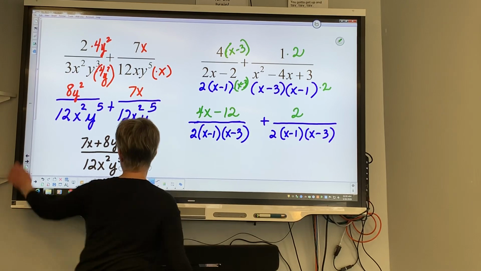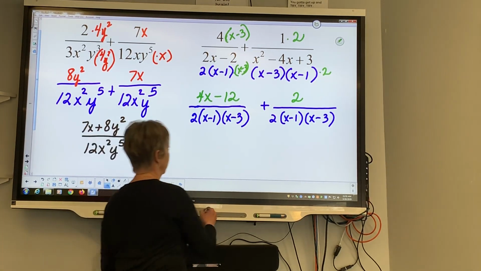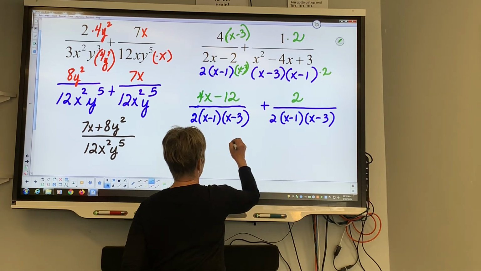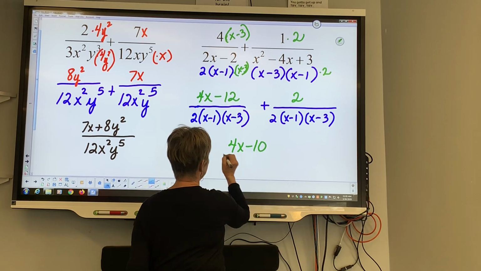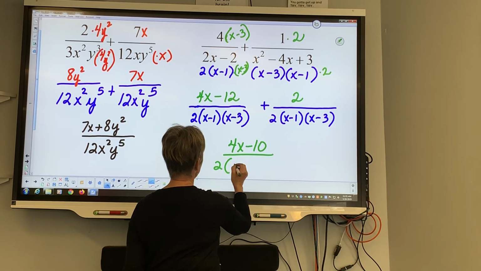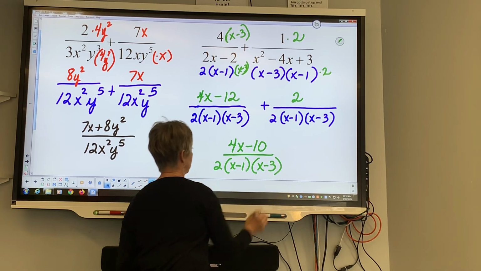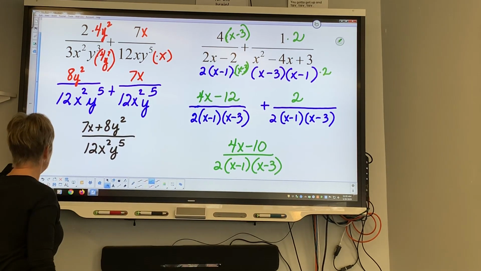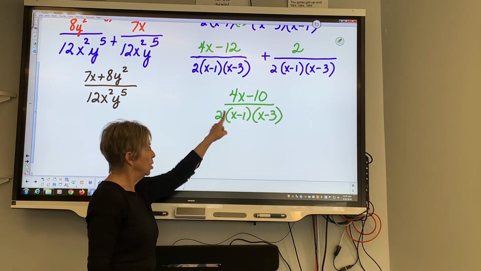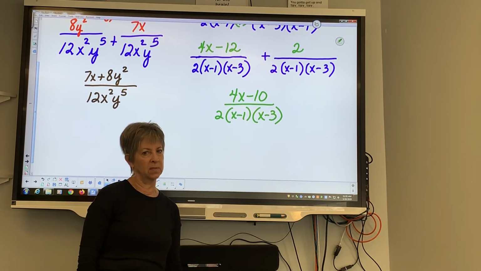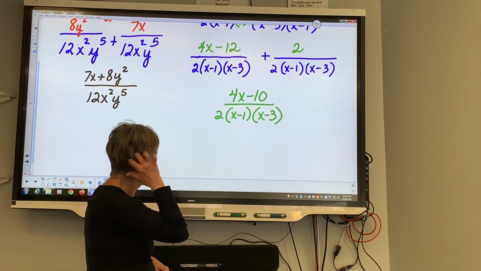Now that they're both on the same denominator, I can add the numerator terms together. I'm going to get a 4x minus 10 all over 2 times x minus 1 times x minus 3. Now, if I want the final answer in simplest form, you've got to see if that can be simplified anymore, which I do. I want the answers in lowest terms.